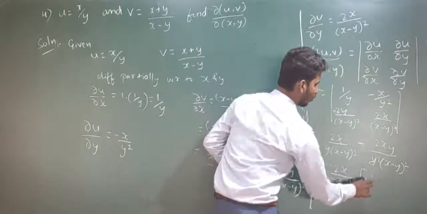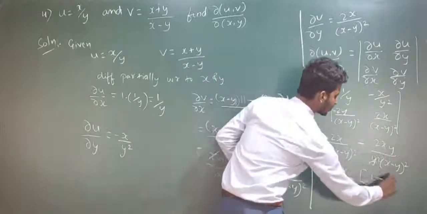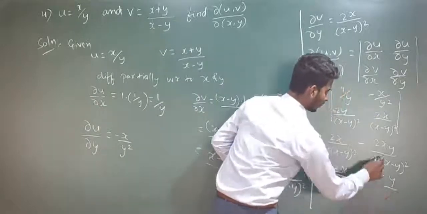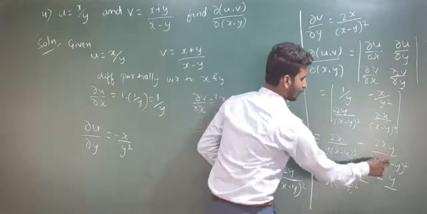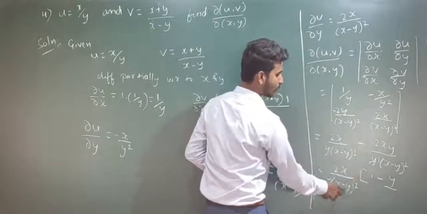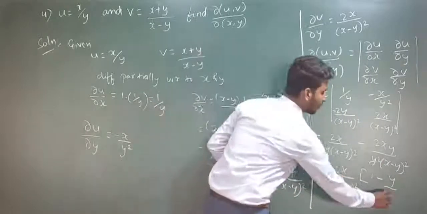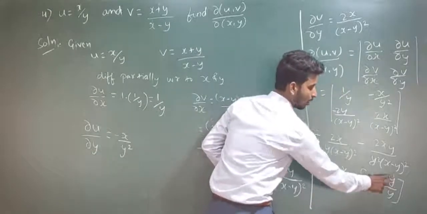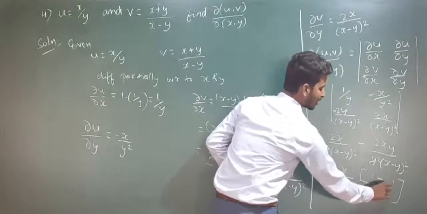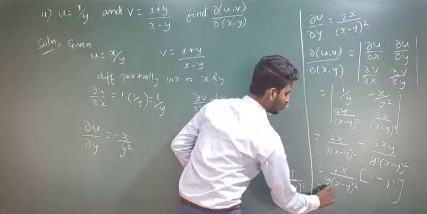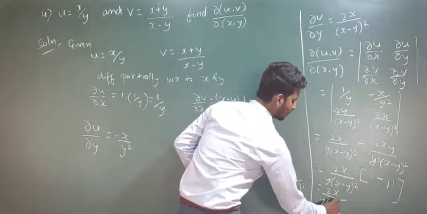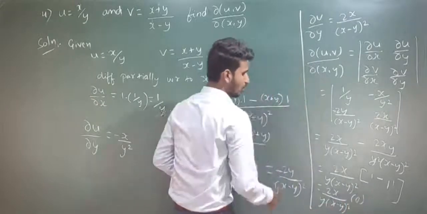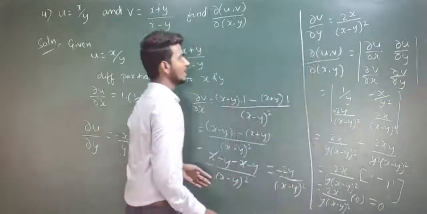Here the remaining terms are 1 plus y by y, that is 1. Here we have taken 2x common, remaining term is y, and we have taken y into x minus y whole square common, then the remaining term is y. Next this will be y divided by y is 1, minus 1 is 0, so 2x divided by y into x minus y whole square into 0, the whole term is 0.